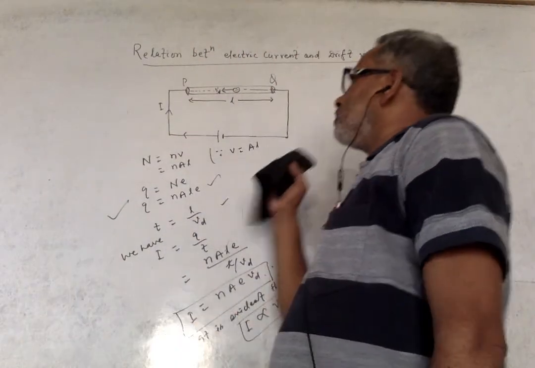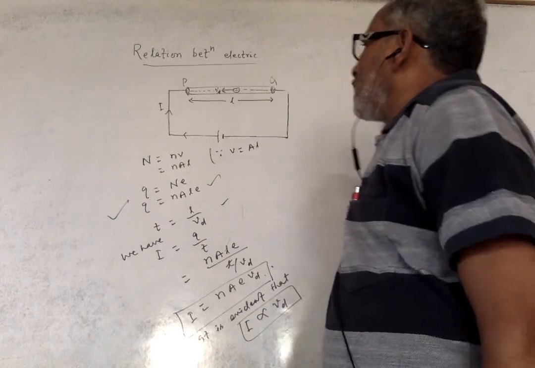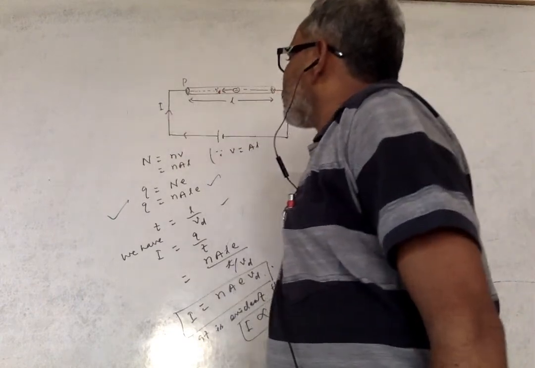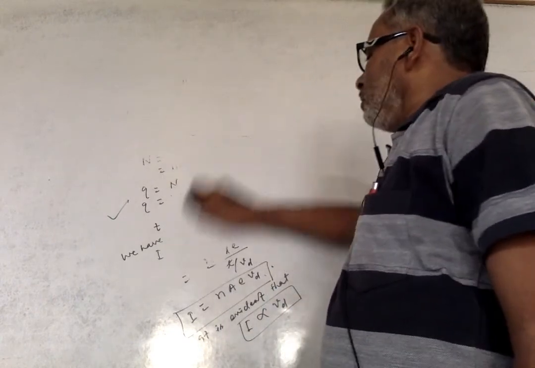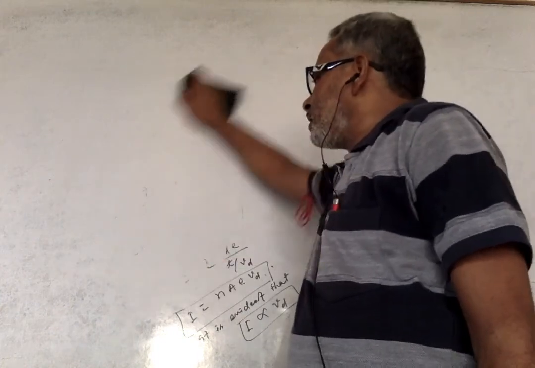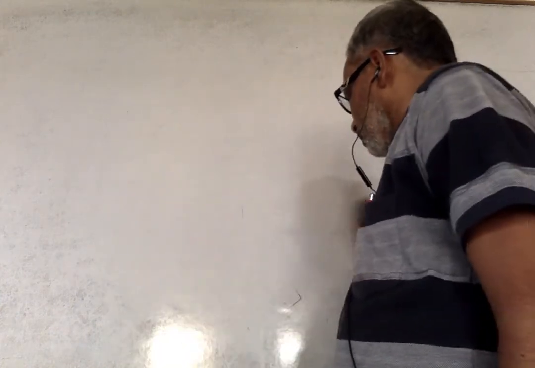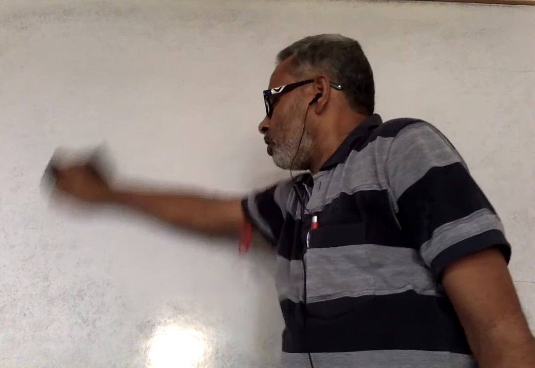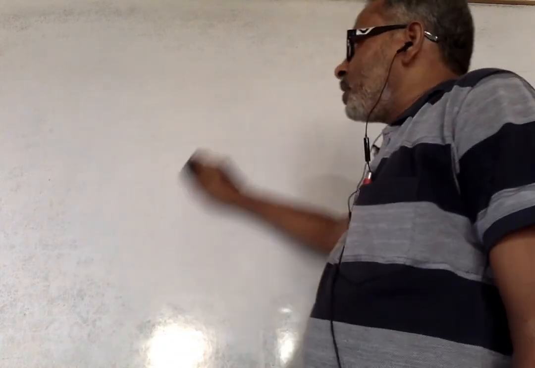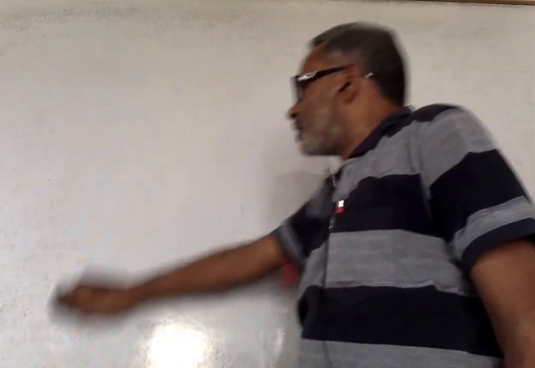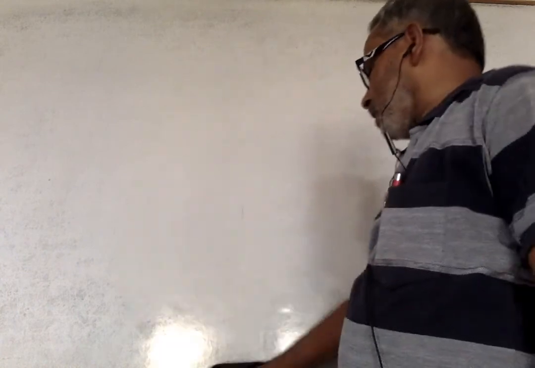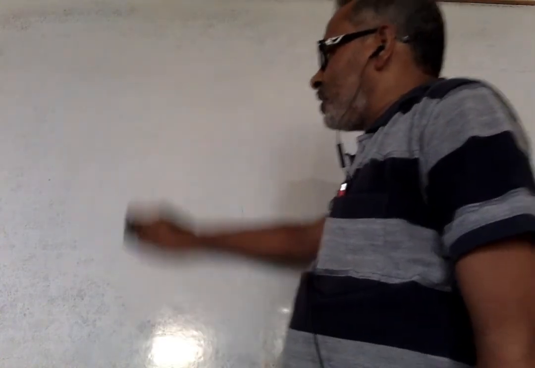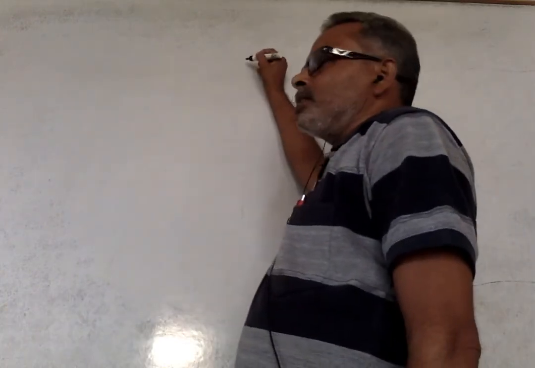Next term, current density. The electric current flowing per unit cross sectional area of the conductor is called current density.